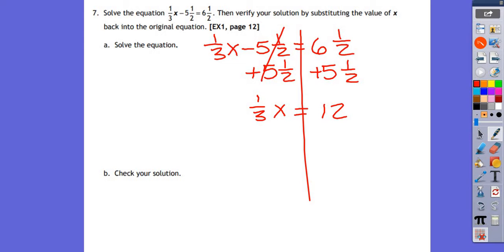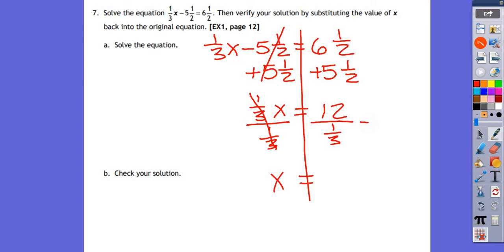So is X alone? No. So I need to get X alone. I need to divide. Who's X kicking out? 1/3. He's kicking 1/3 out. But then that means that we're having to divide by a fraction.